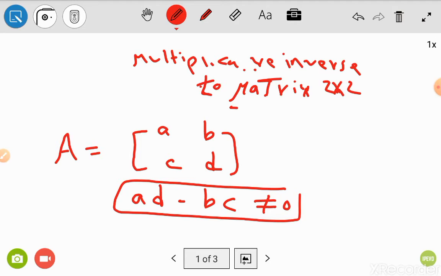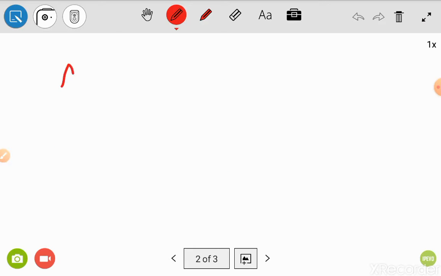Now, how to get the multiplicative inverse? A equals AB, CD.